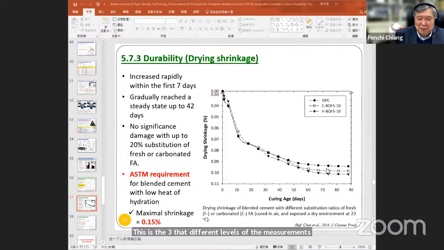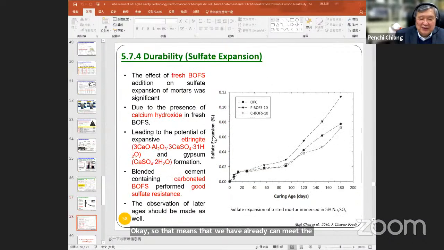We demonstrate that the carbonated steel making slag still provides better performance as shown here. It fulfills the ASTM requirement, with a maximum of 1.5 strength shown here, so we already meet the ASTM requirement. And once again, this is the durability study, where we have such better performance shown here.